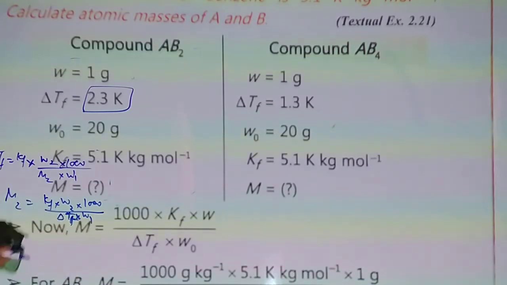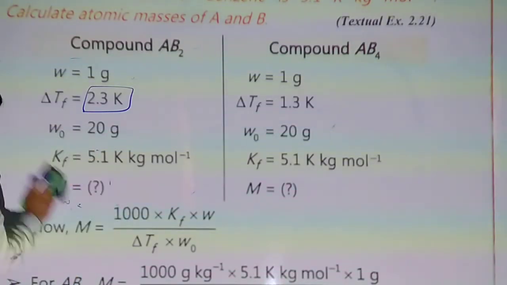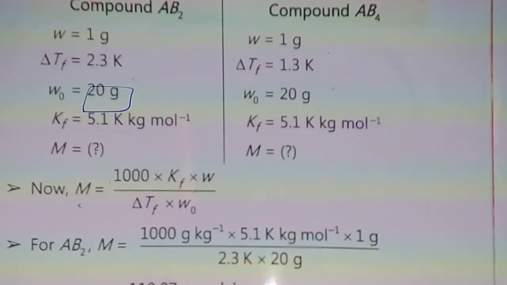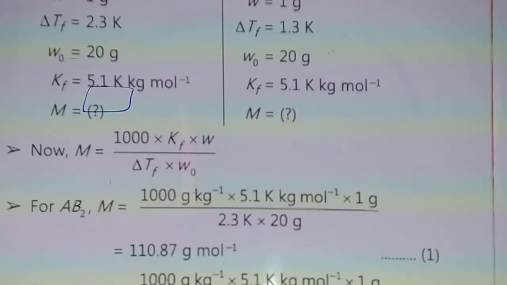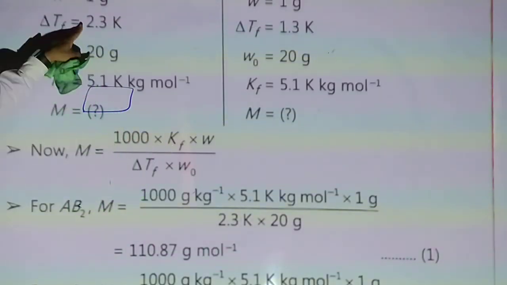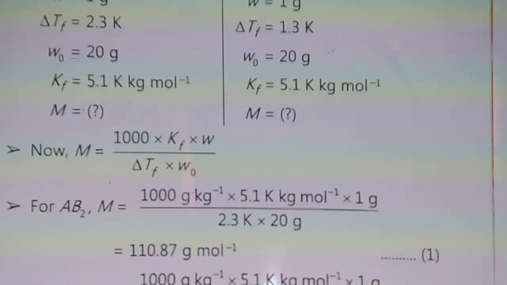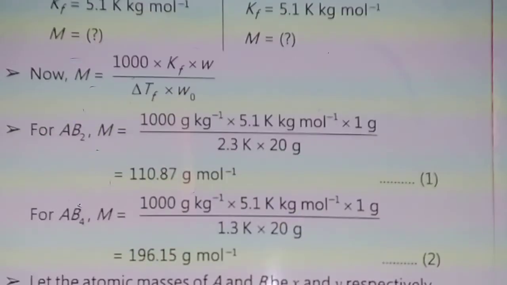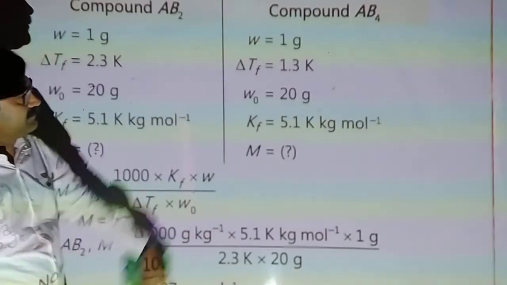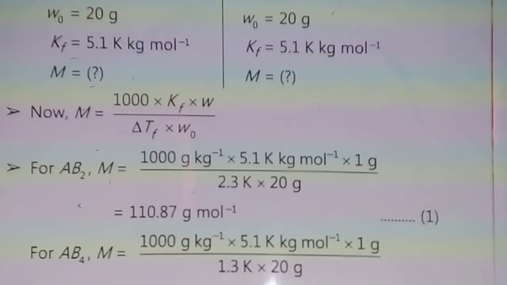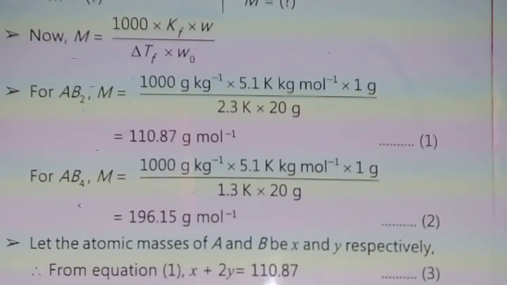So molar mass is 1000 into Kf W2 upon delta TF W1. For AB2, 1000 into 5.1, then 1 gram of solute, 2.3 and 20. So 110.87. For AB4, here the mass is 1 gram in 20 gram, but depression in freezing point is 1.3 in case of AB4. So it is 196.15.